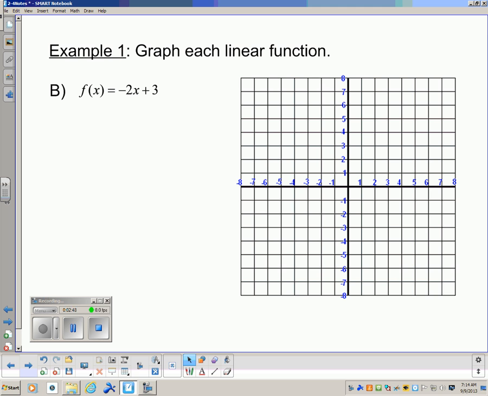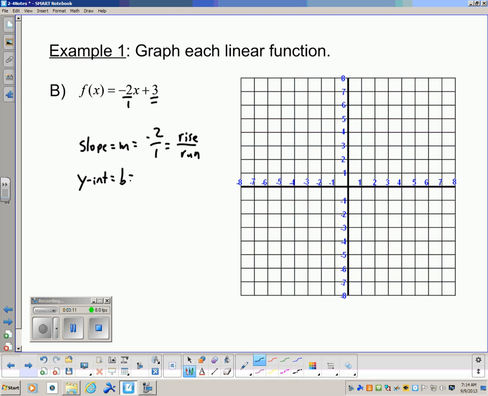Next one says to graph each linear function here. So again, this part right here, I'm going to put that over 1. So my slope is m, which is negative 2 over 1, and that's my rise over my run. And then the y-intercept there is b, and that's 3.